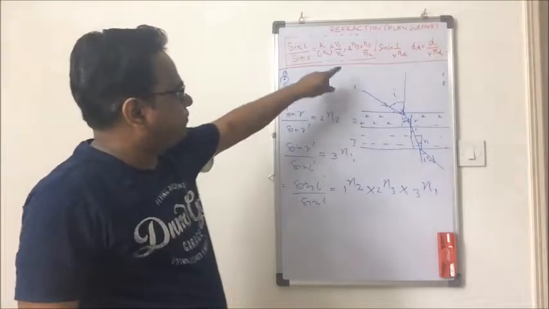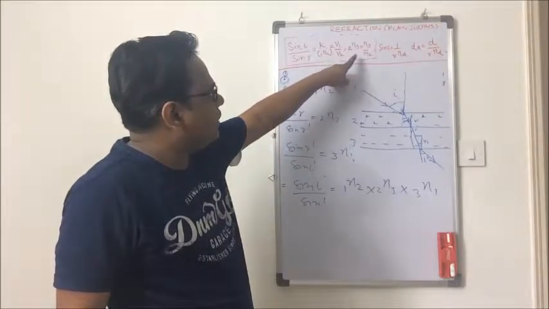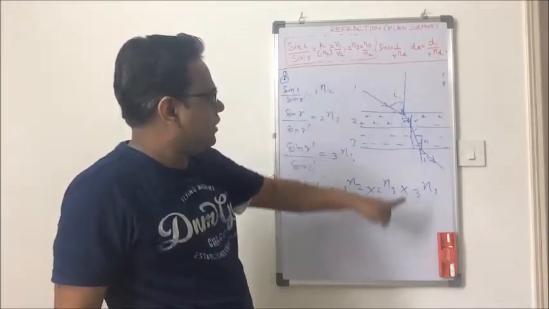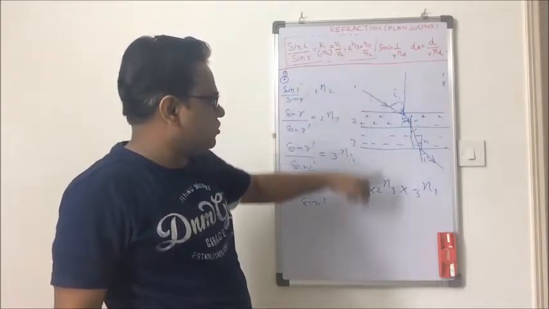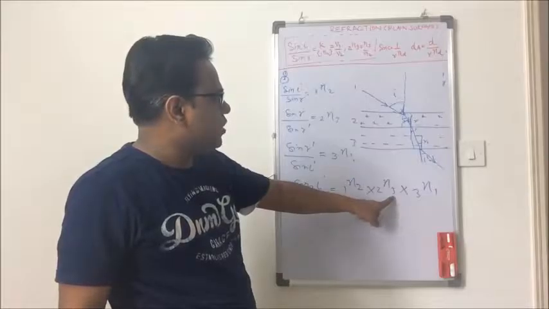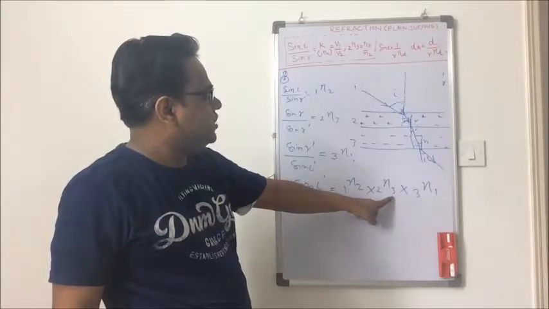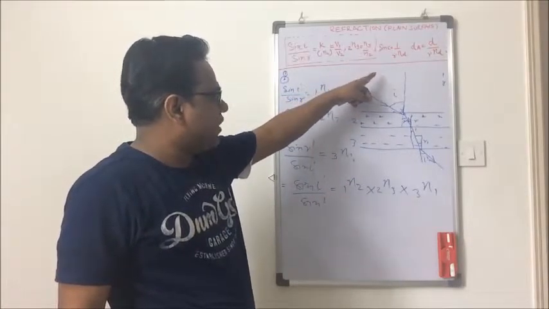Some time back we proved, if 1 is air, that 2 and 3 is equal to n3 by n2, like 1 and 3 divided by 1 and 2.